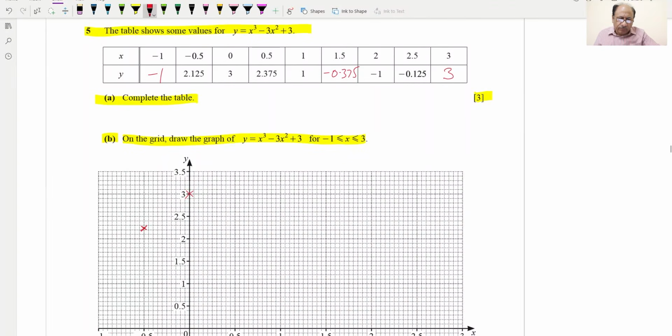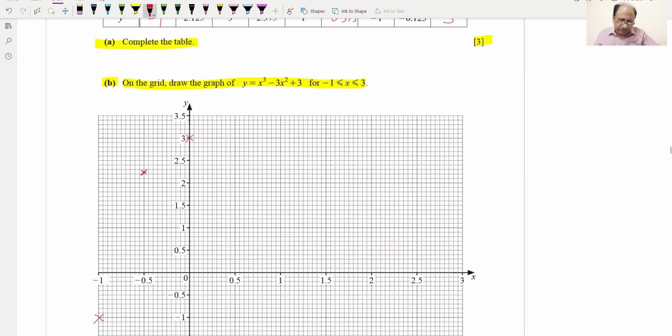Then next is 0.5 and 2.375. 2.375 will be like here.